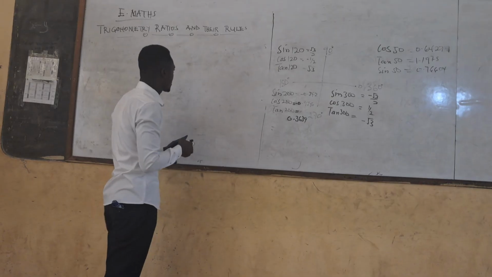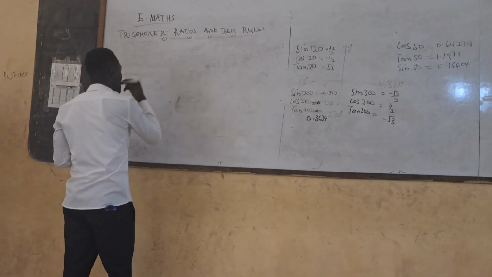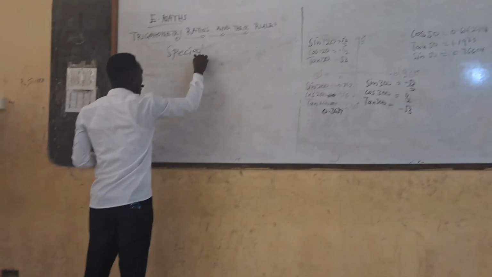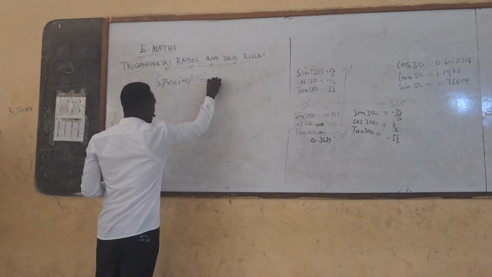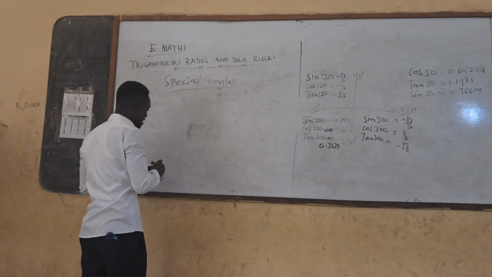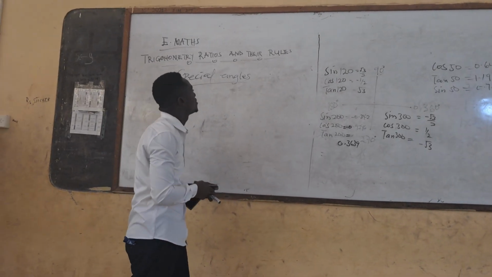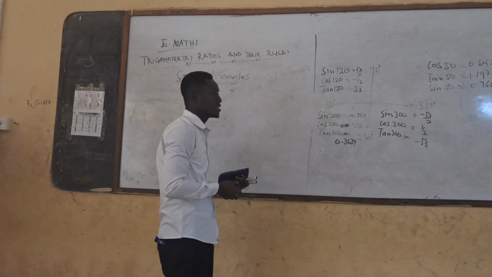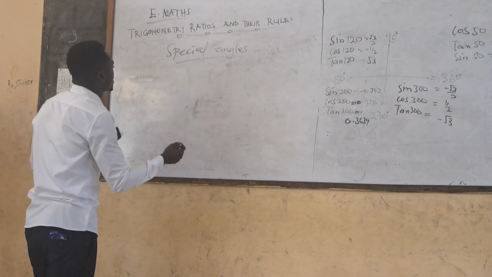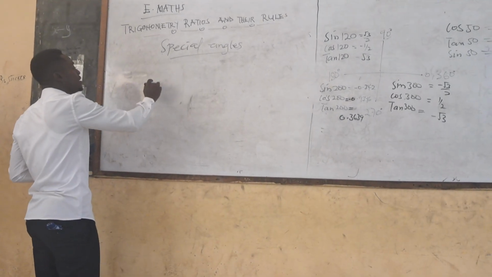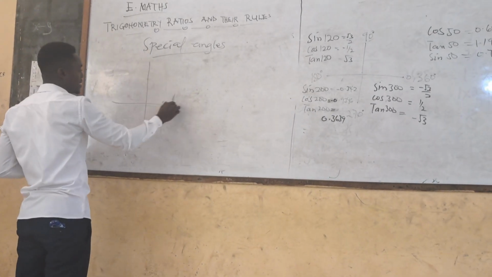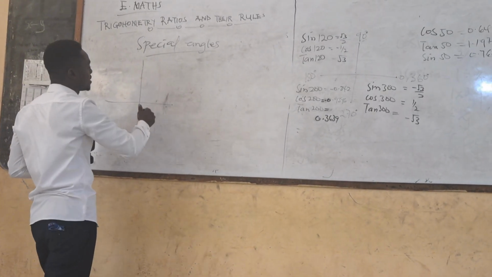Special angles under trigonometry ratios. So we look at special angles. Let's say I have the same thing.